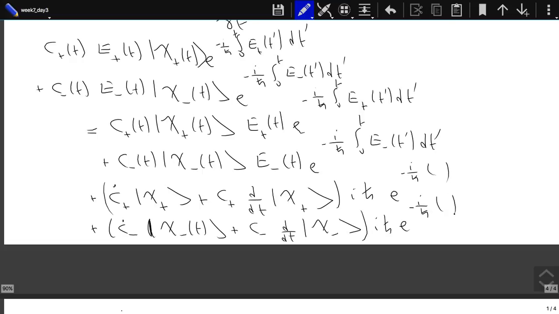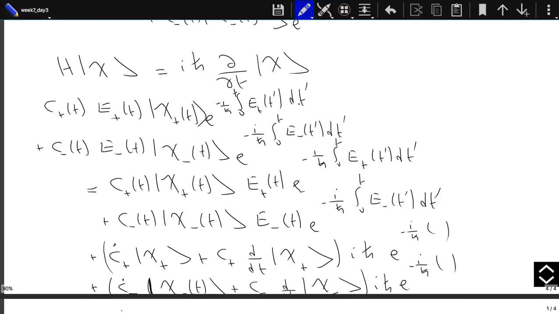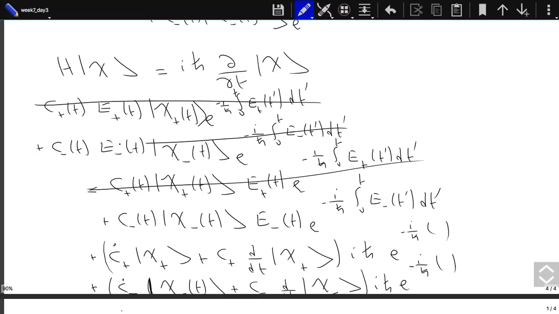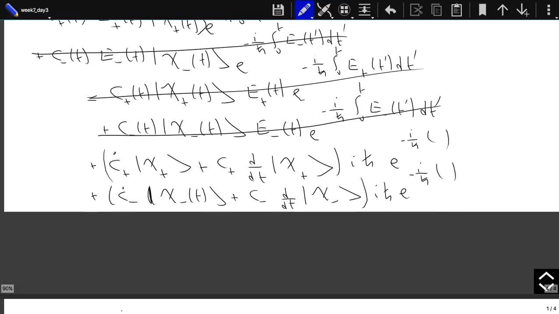Now let's see, there will be some cancellations. This term is cancelled by this one. This one is cancelled by this one. So the terms on the left are cancelled by the first two terms on the right. So I can also cancel these exponents.